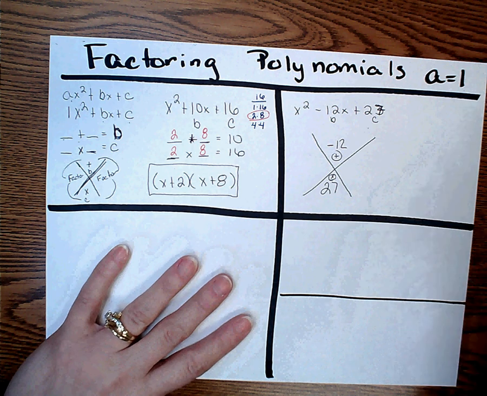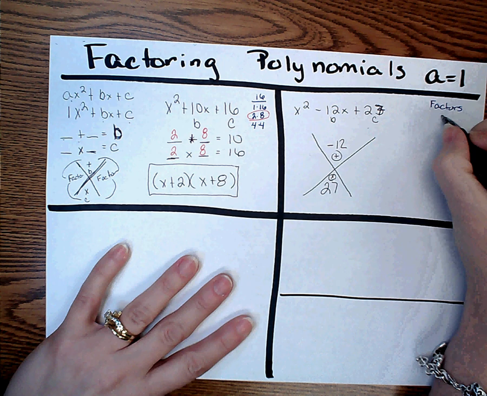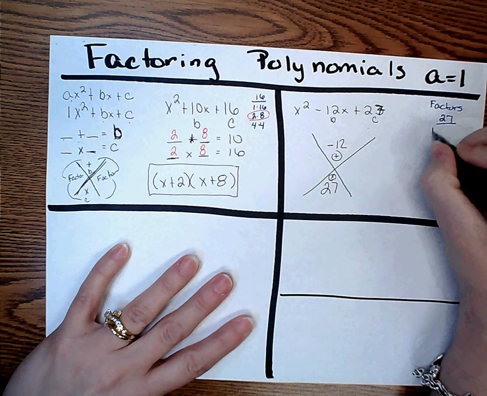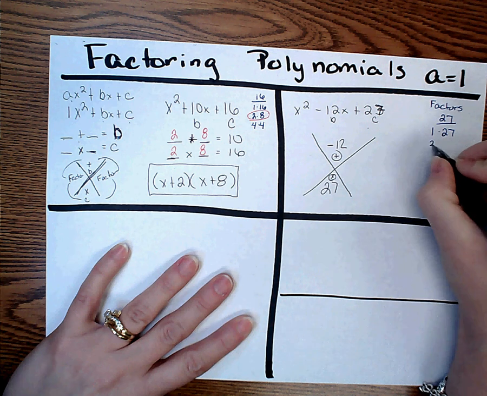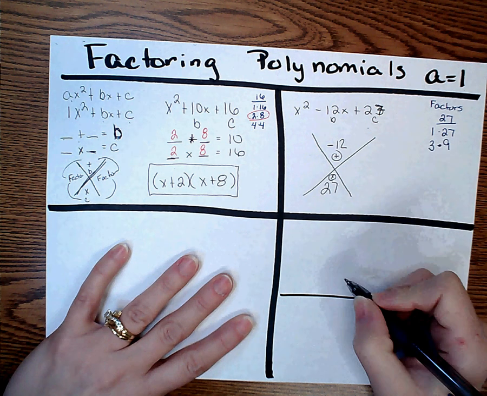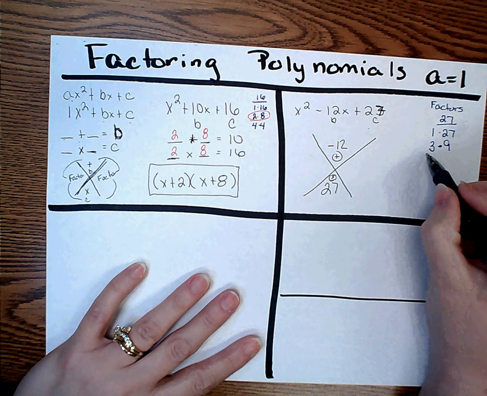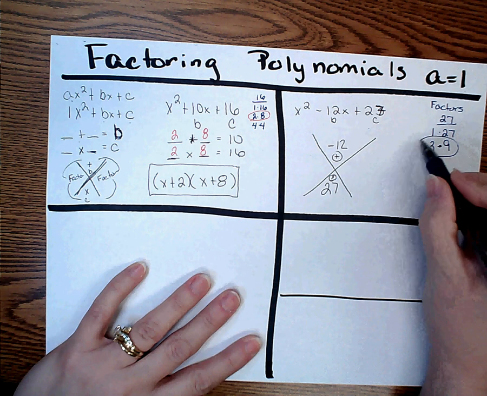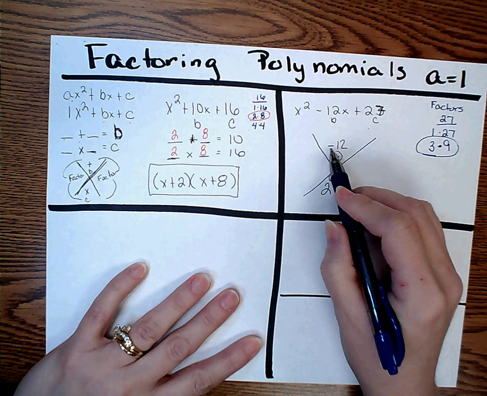So let's list the factors of 27. So 1 times 27, that's the obvious, and 3 times 9. Well, in reality, these two do give me 12, but I need it to be negative 12.